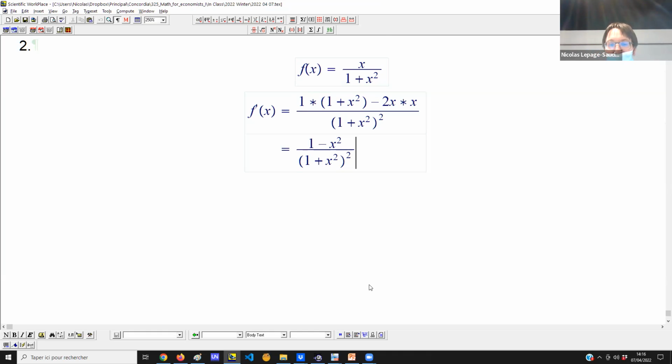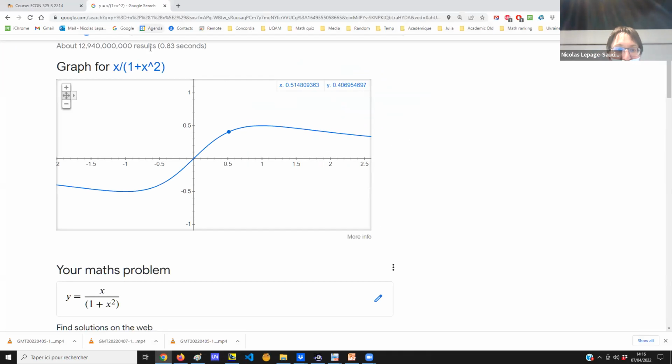All right, and so is this continuous? Well, yes, because again, it's not defined by parts, and again, the denominator is never going to be 0, so we can just check real quick.